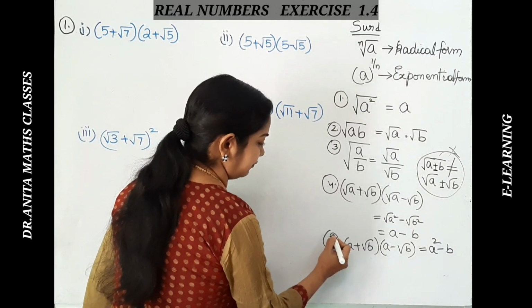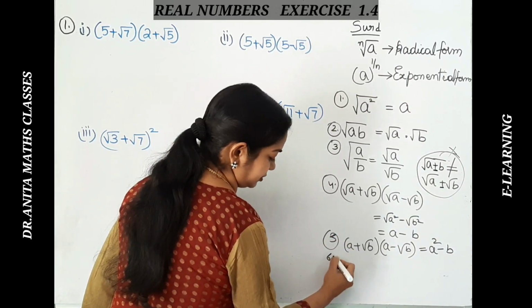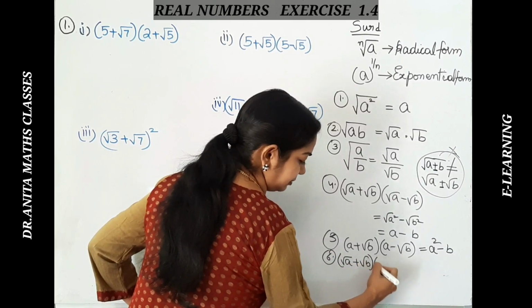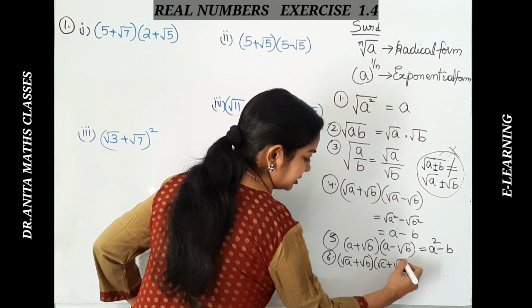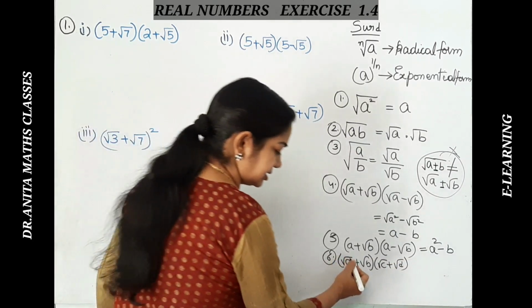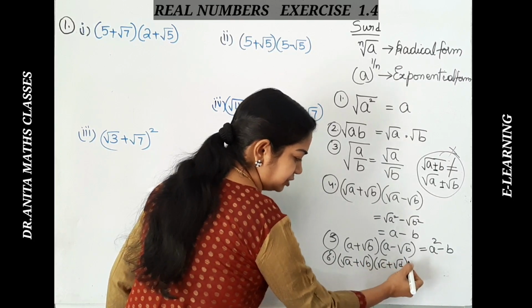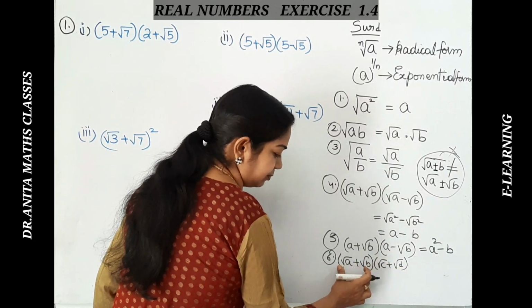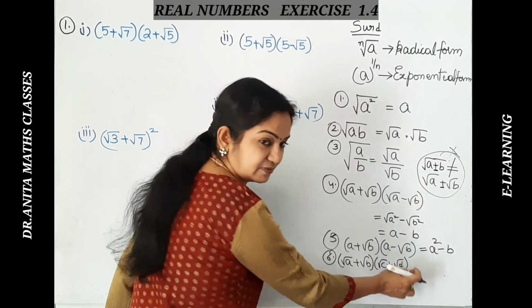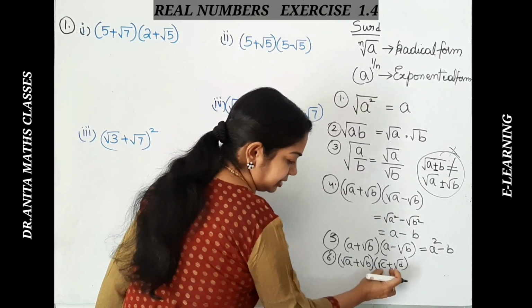Like if you are taking, this is the fifth one, suppose root a plus root b multiplied by root c plus root d. Nothing is common, so we just multiply one term with the two terms. Suppose this is a binomial, this is a binomial, two terms. Take one term, multiply with both the terms of the second one. Next take the other term and multiply with this.